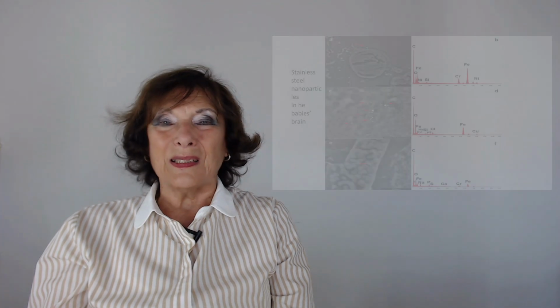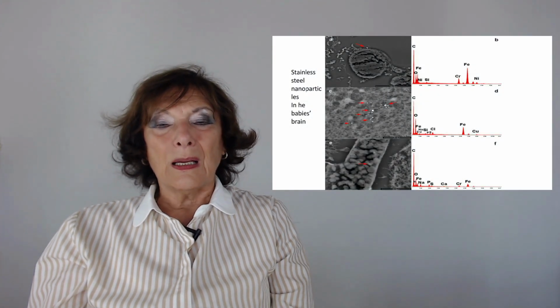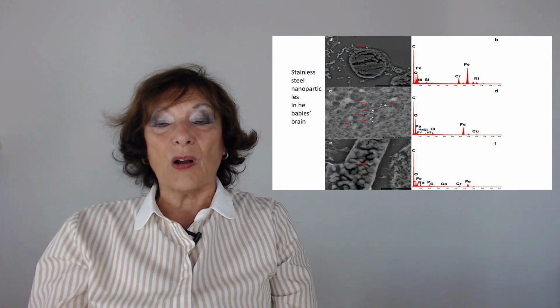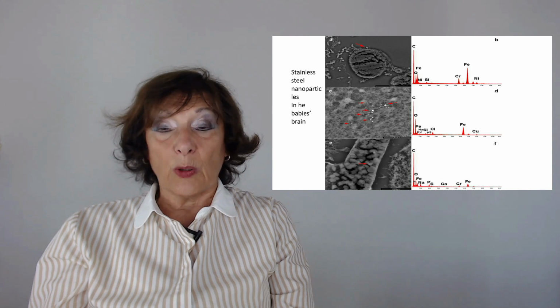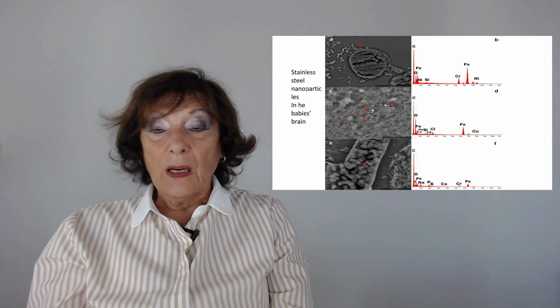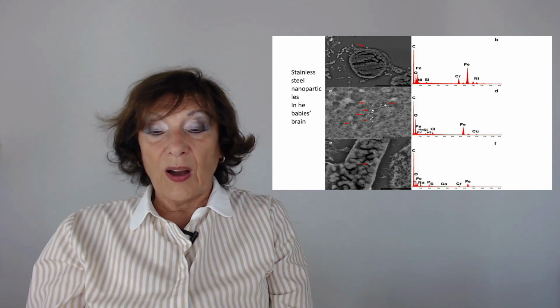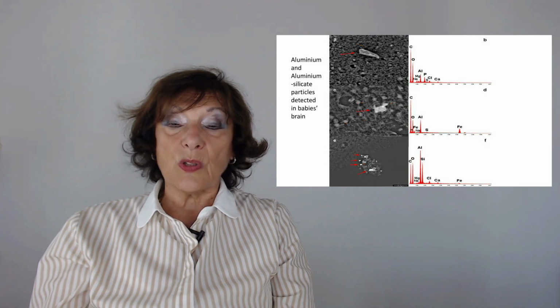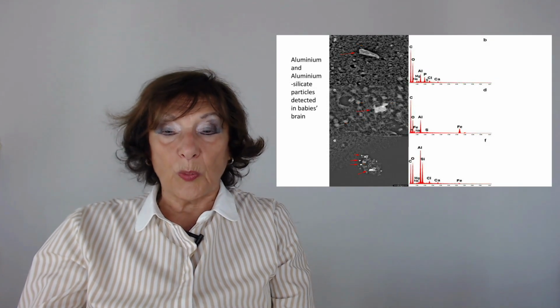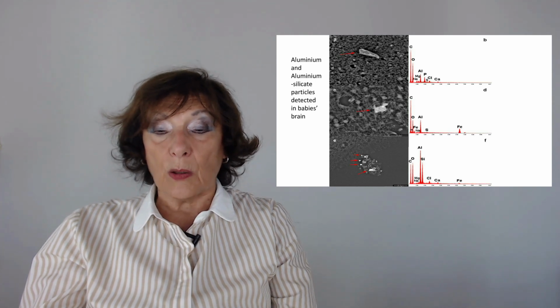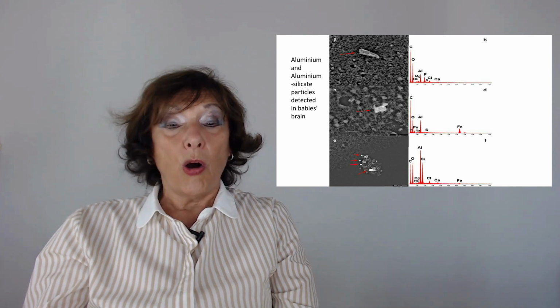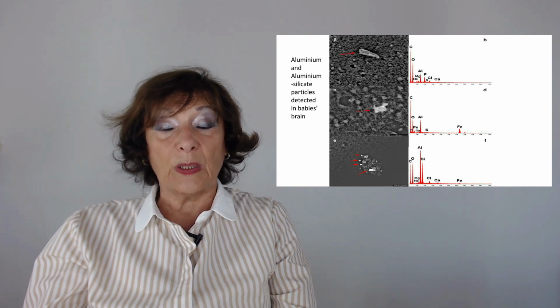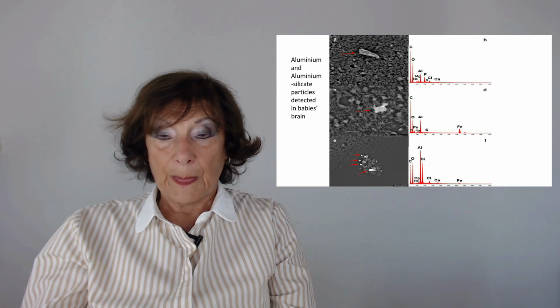In other cases of babies who died suddenly, we verified the presence of nanoparticles of stainless steel, of iron, chromium. Not only that, we verified also the presence of aluminum, aluminum phosphate, aluminum hydroxide or aluminum silicate.